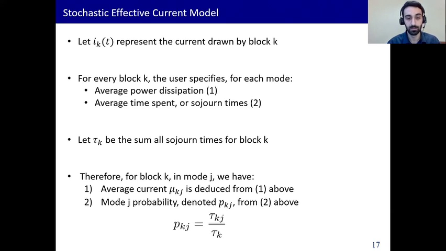Now with this in hand, we can determine for every mode j the average current mu_kj, which is deduced from the first specification by knowing the nominal voltage VDD. And second, we determine the probability that block k is in mode j at any given time. This probability is denoted by p_kj, and it is simply the ratio of the time spent in mode j relative to the sum of all sojourn times for block k, which is denoted by tau_k.